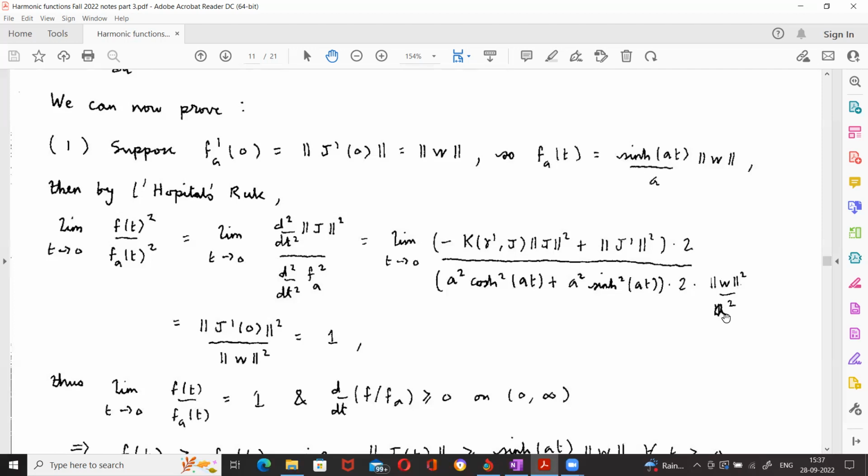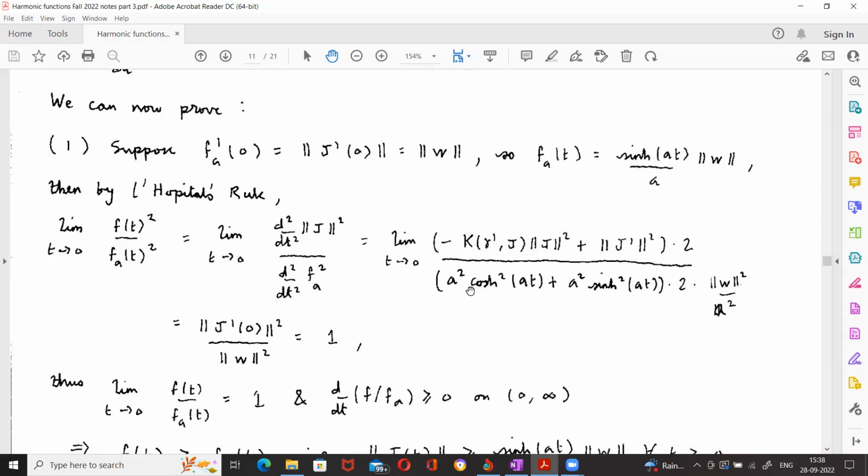So now as t tends to 0, what happens? This sectional curvature term is bounded for t near 0, and j of 0 is 0, so this term disappears. This norm j prime squared converges to norm j prime 0 squared. And the 2 cancels here. So on top, I get norm j prime 0 squared. And below, what happens?